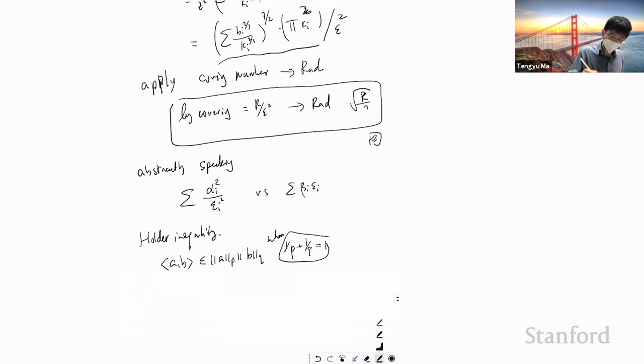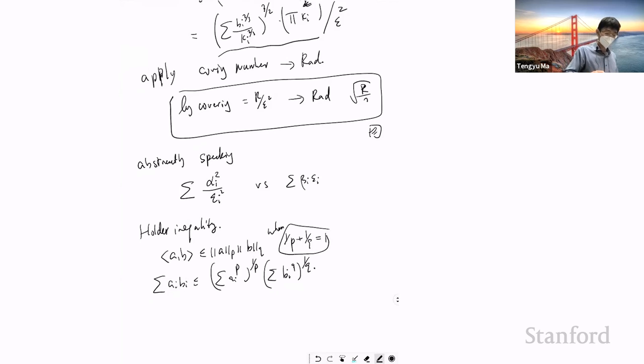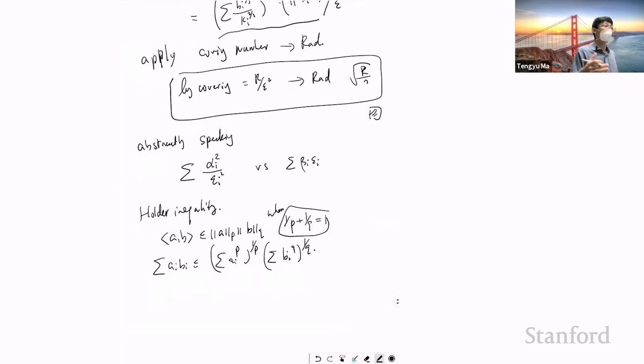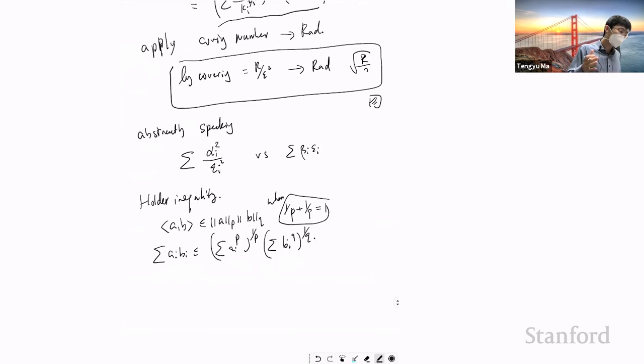Or you can also write it like this: the sum of AI BI is less than the sum of AI to the power P, to the 1 over P, times the same for B with Q. This is exactly the same thing. When P is 2, this is the Cauchy-Schwarz inequality. We need something slightly different.